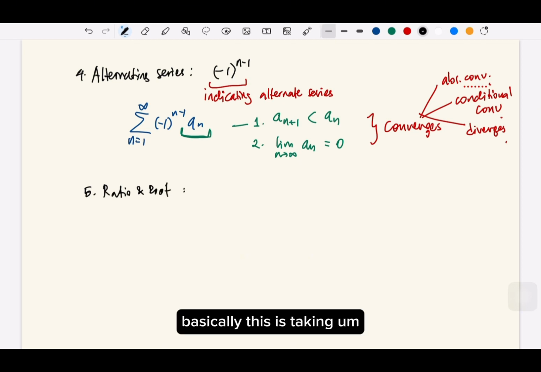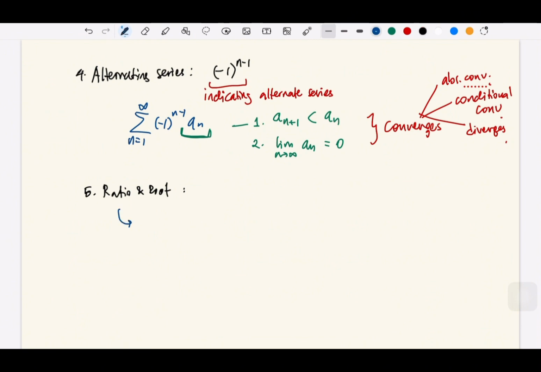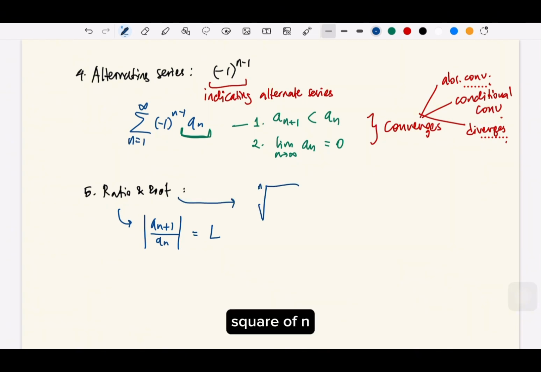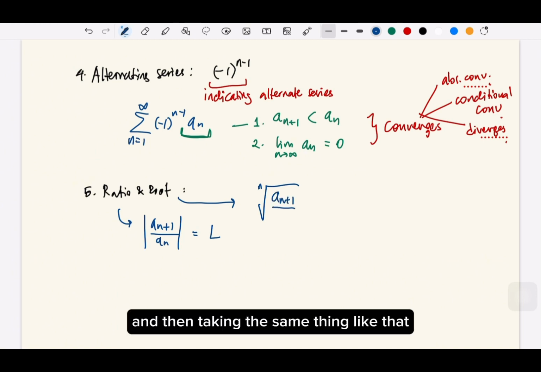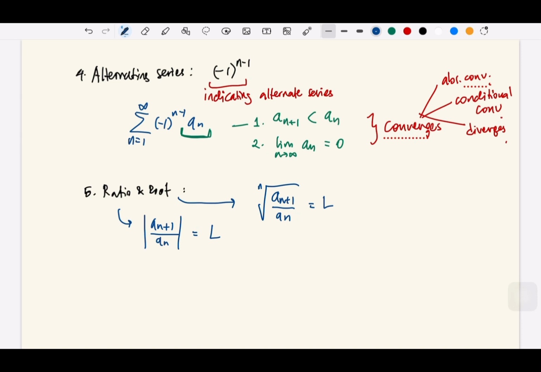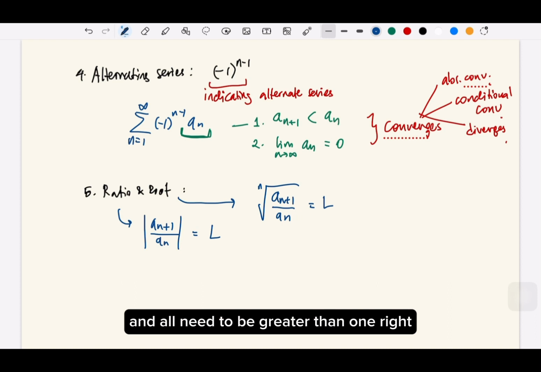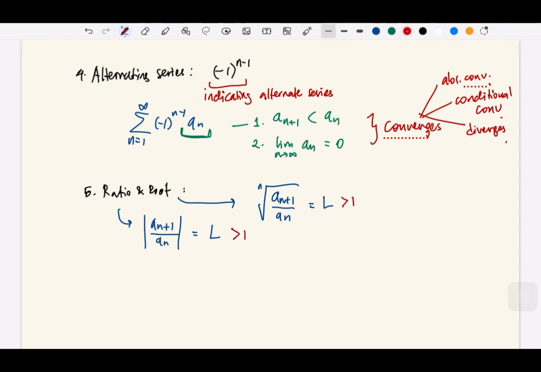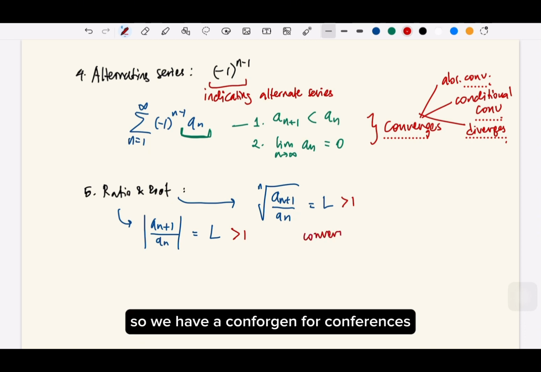Basically, the ratio is taking this, and this should be less than or equal to, or let me write this as some L. And for the root one, we take the nth root of aₙ, and then take the same thing like that, and it will also need to equal L. And L needs to be less than 1 for convergence, right?